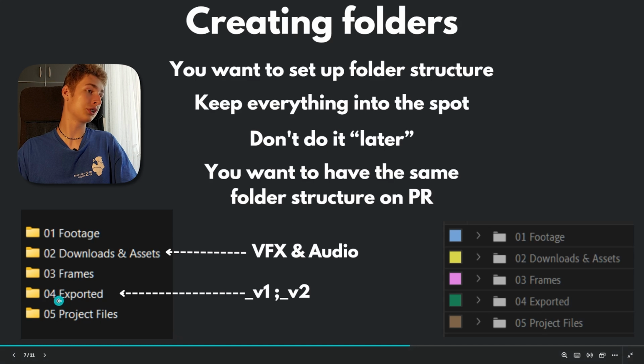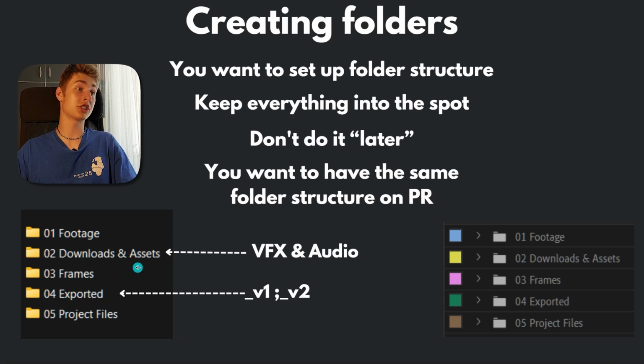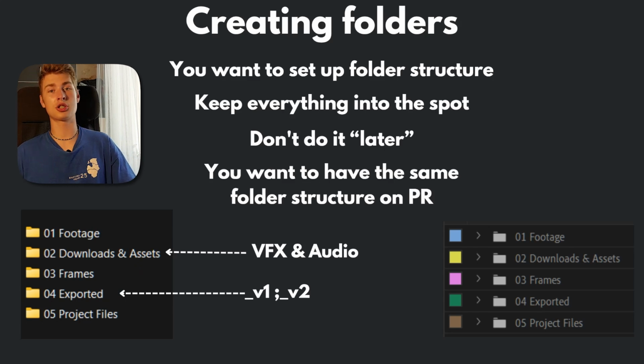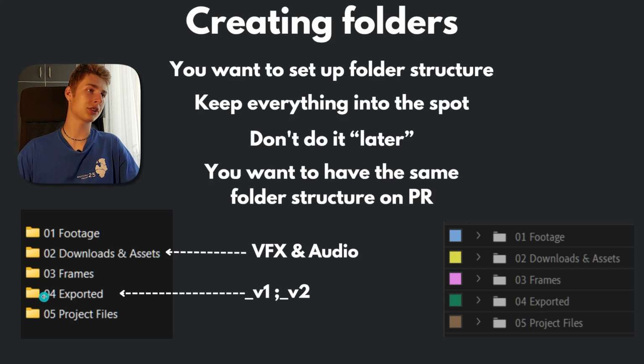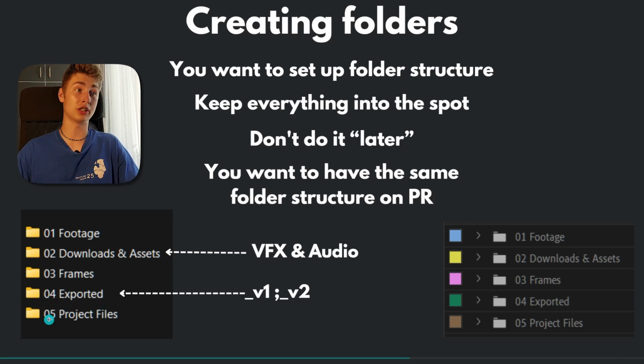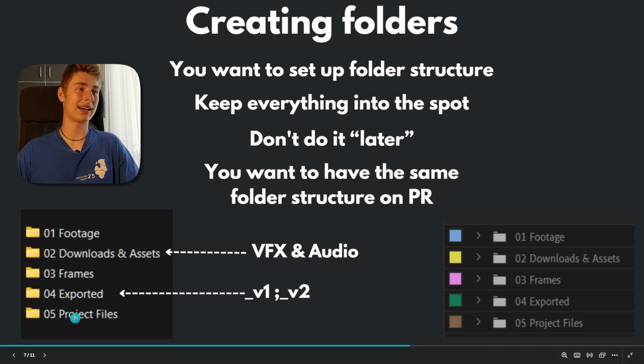In the fourth folder, the exported folder, you're going to put all exported things, for example an animation you need to export, or maybe an actual finished project that you're going to export. I like to have it in the fourth folder. I don't know, fifth, it's not fifth, but I prefer fourth.